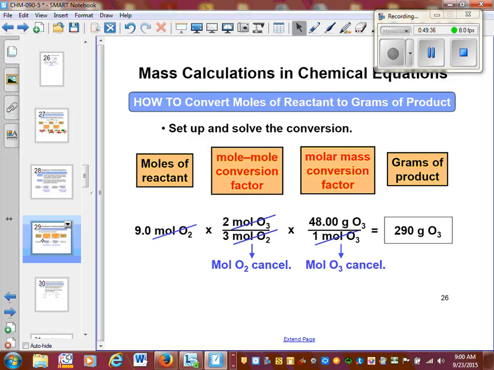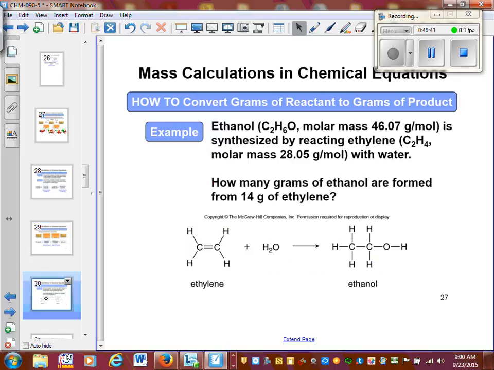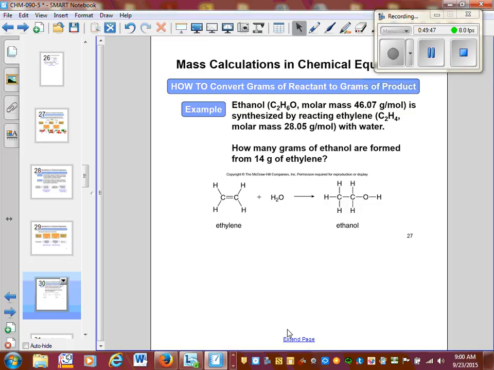Let's do this one. Ethanol, there's its molar mass, is synthesized by reacting ethylene with water. How many grams of ethanol are formed from 14 grams of ethylene? So what are we starting with?